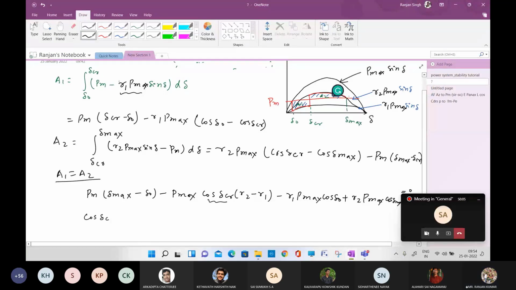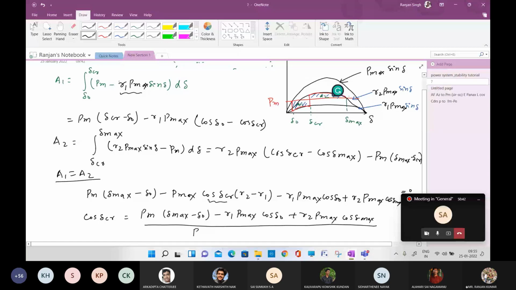Then cos del CR equals, taking all values after the 0: Pm (del max minus del naught) minus r1 P max cos del naught plus r2 P max cos del max, by P max (r2 minus r1).